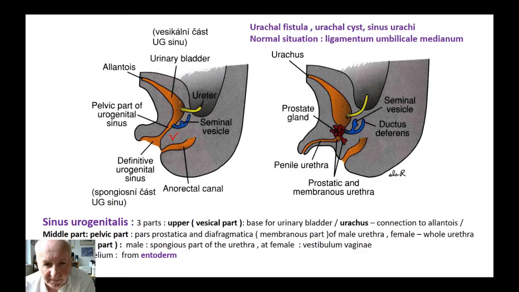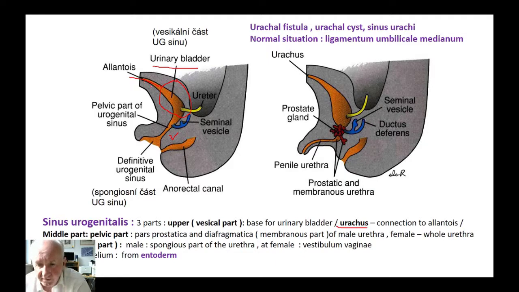This upper, we can call it the vesical part, will give origin, as you see, to the urinary bladder, because the ureters are opening into the urinary bladder, left, right, ureter. So this is very clear, and now the connection is called urachus to the allantois, this connection.